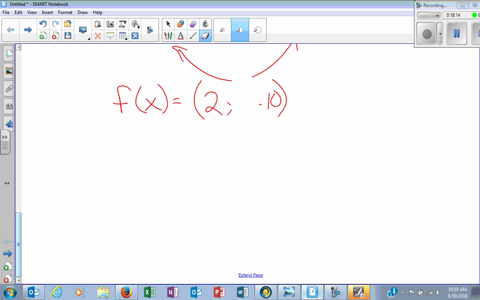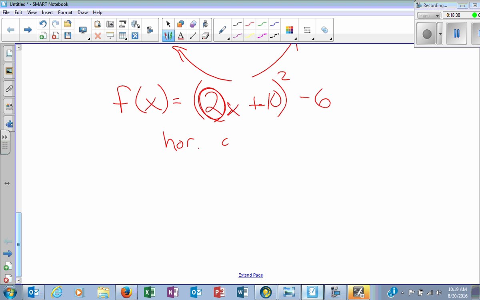Not squared here. Do you see where that 2 is occurring? Inside the parentheses. So is this going to be a horizontal or a vertical dilation? It is going to be a horizontal. It is not going to be vertical because it happens inside my bubble.